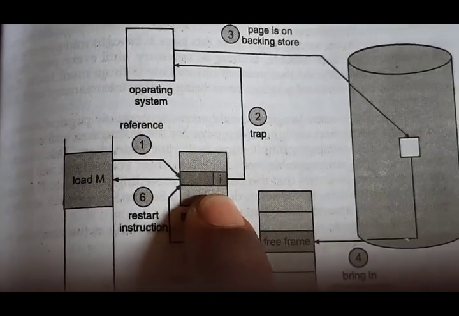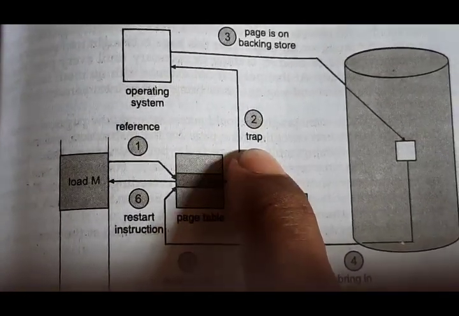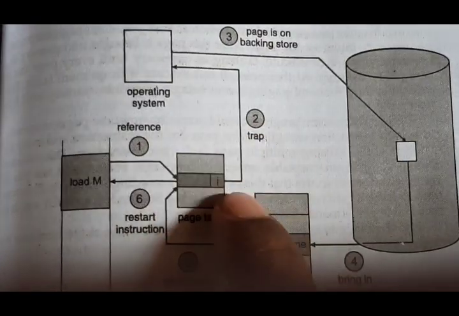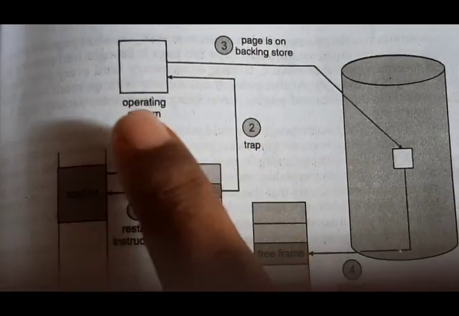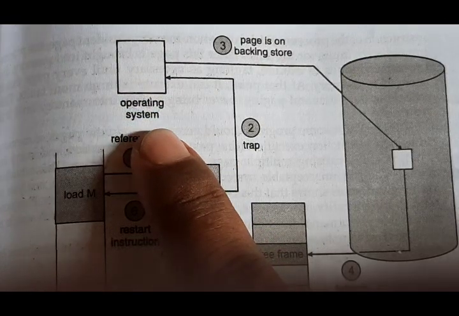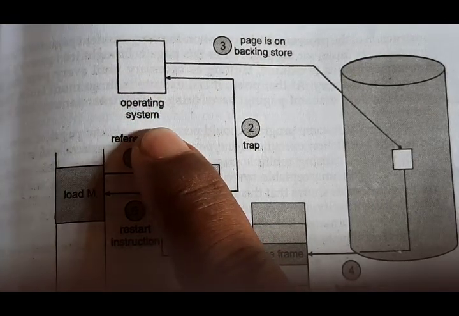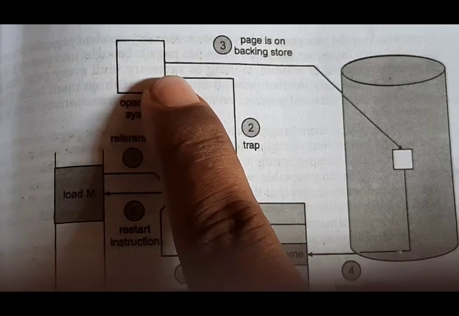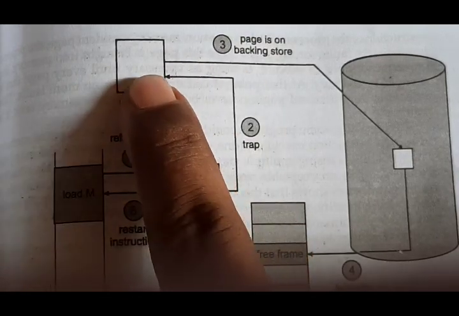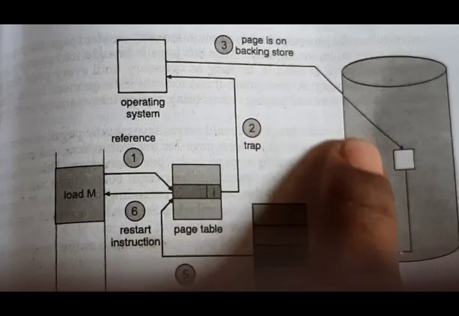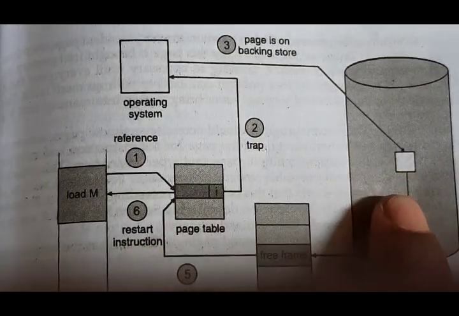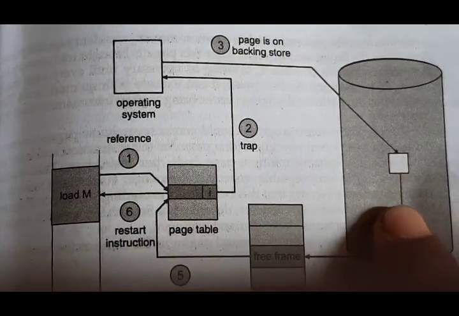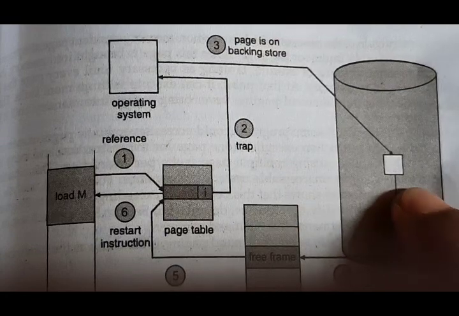Then the trap is an interrupt. So the CPU signals the operating system, saying it needs a particular page, for example page A. The operating system asks for the page, and the CPU sends the signal to give that particular page.